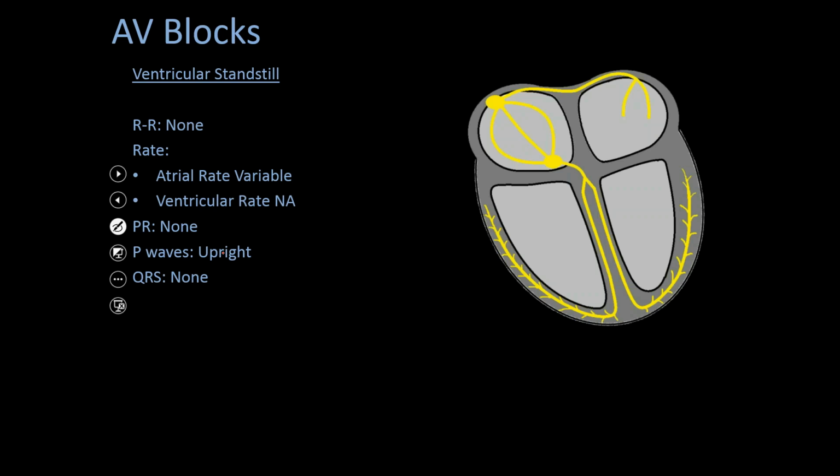All right, now we've talked about AV blocks when some of the impulses get blocked through the AV node. But what happens if all the impulses get blocked?